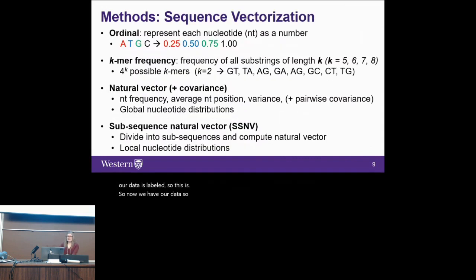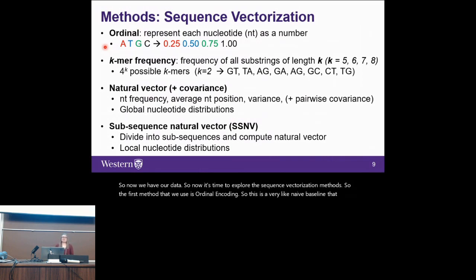Now it's time to explore the sequence vectorization methods. The first method that we use is ordinal encoding. This is a very naive baseline that basically represents each nucleotide as a number. In this example, A is a number between 0 and 1. Typically for categorical data, one-hot encoding might be more appropriate.